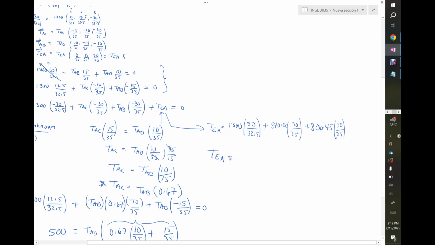TEA equals, let's see, what would that be? 1300 times 30 over 32.5, that's 1200, plus, I can take this as a common factor, so you can add these two together and then multiply by 30 over 35, and that would make life easier.